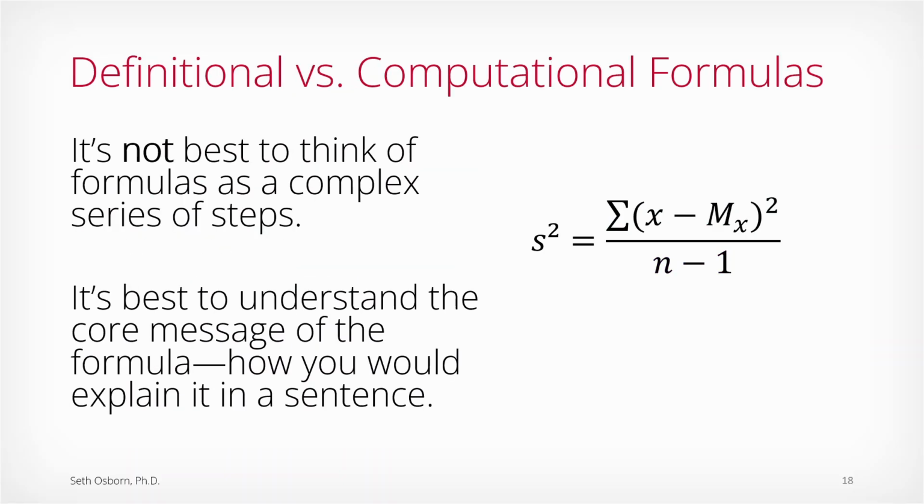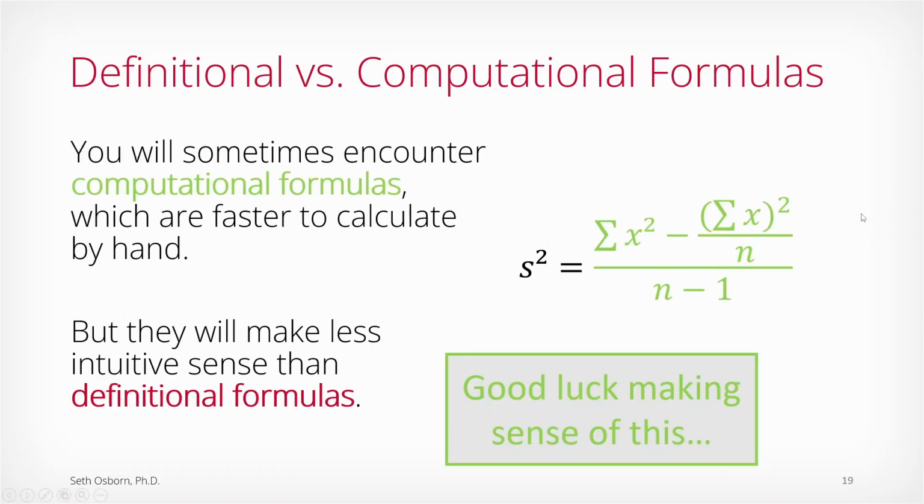I would argue it's actually not best to think of this formula as a complex series of steps. If you need to solve it manually, the order of operations is your guide to doing that. But I'd argue, and this will be more the focus of the next video, it's more important to understand the core message of the formula, like how you would explain it in a sentence. You'll sometimes see computational formulas like this.